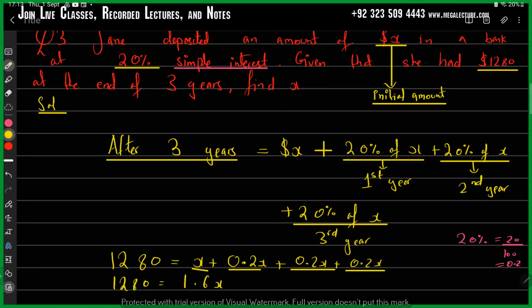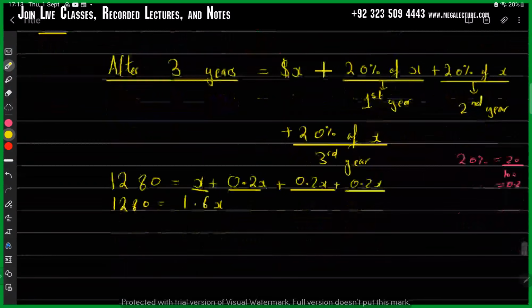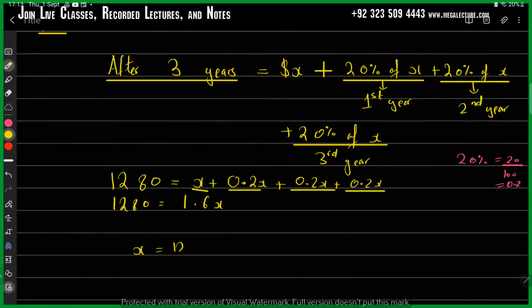And if I make x the subject, so x is going to be 1280 divided by 1.6. Please use your calculators and tell me the amount quickly. 800. Very good. Well done. Yes, that's right. It's going to be 800. Very good. So this means that X is 800 and that is basically my initial amount.